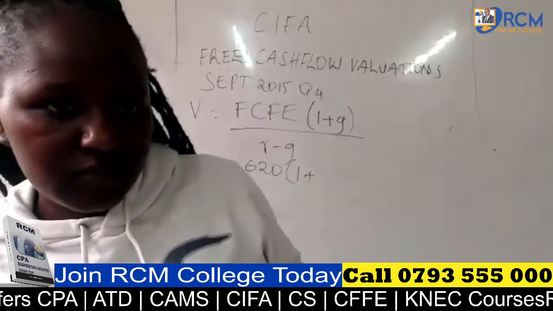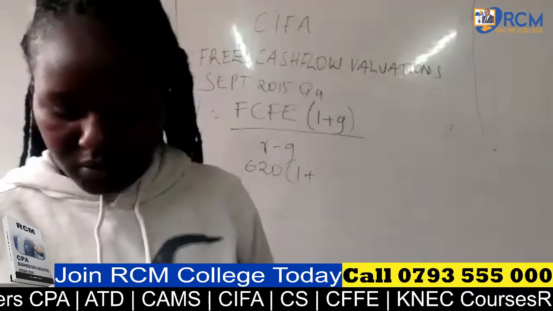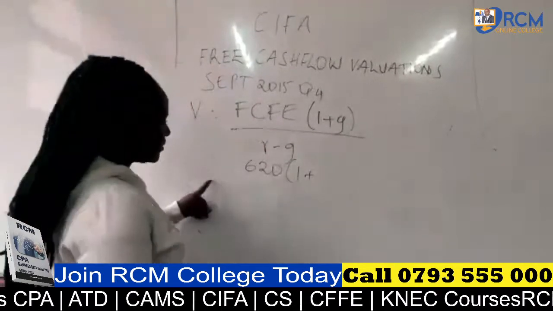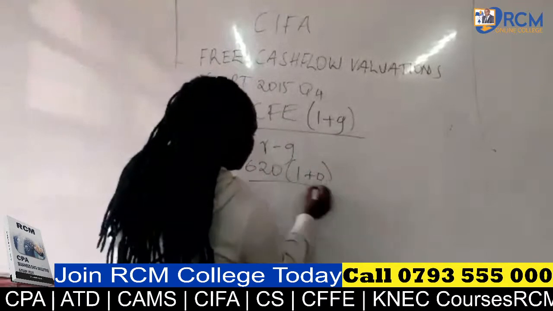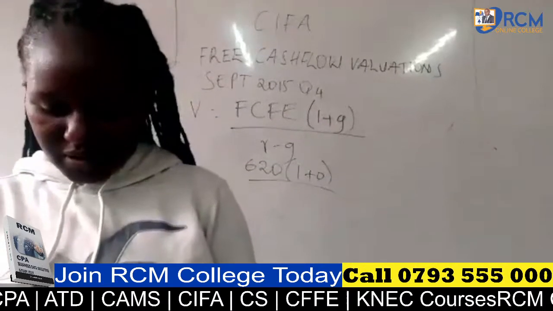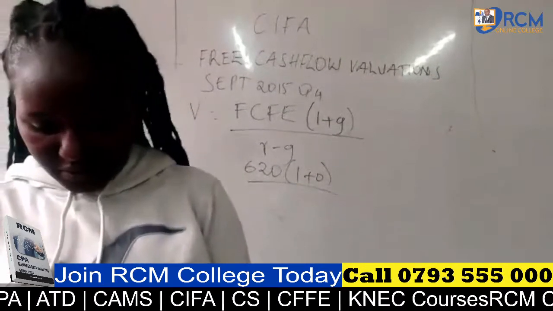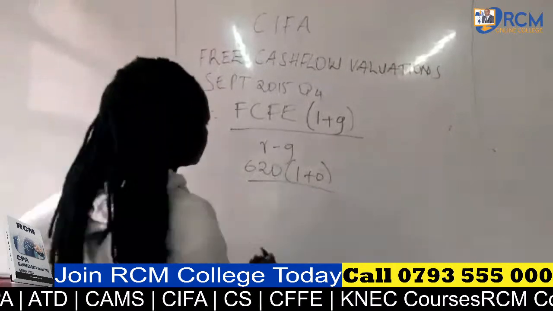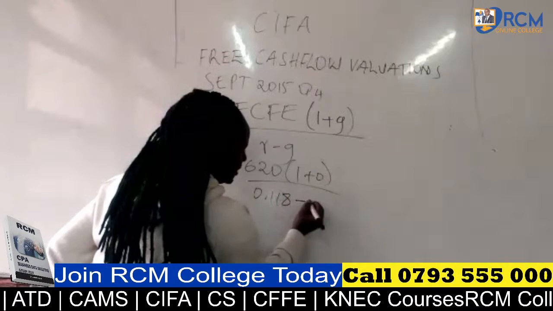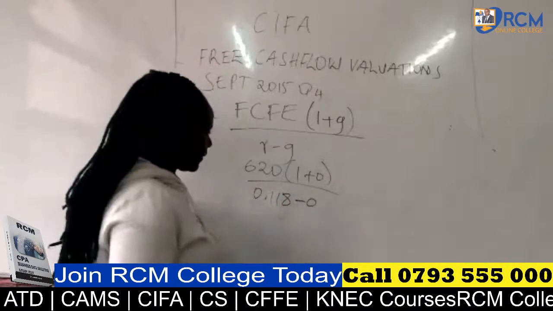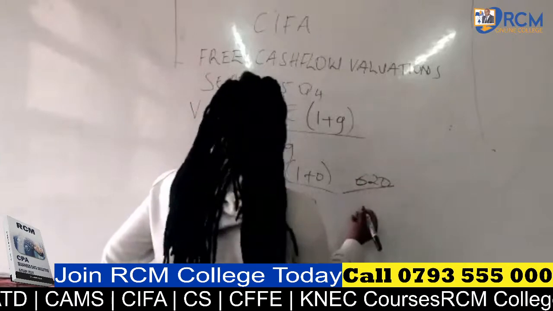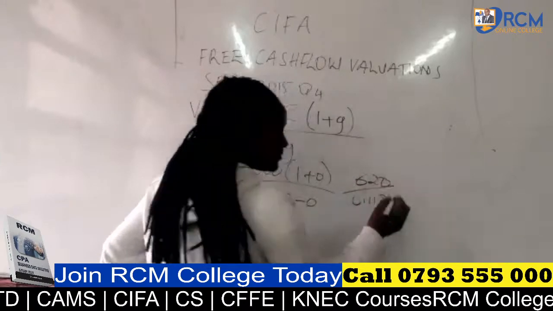So how much are you getting? 620 divided by 0.118.